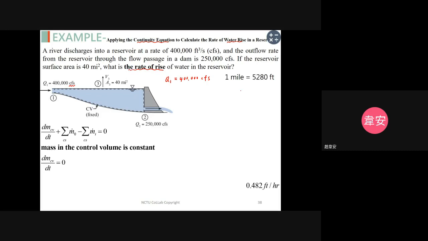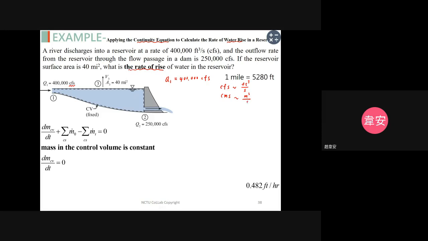We know that CFS is the dimensional unit for discharge. CFS is equal to ft cubed per second. Similarly, CMS means the unit is cubic meter per second.